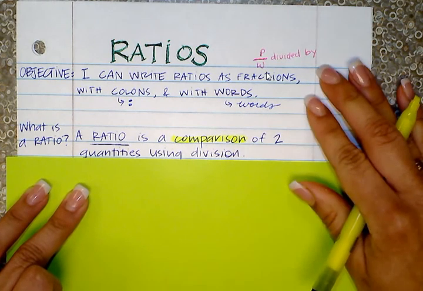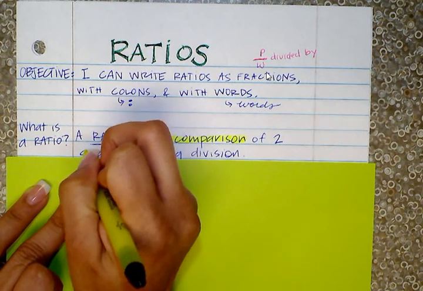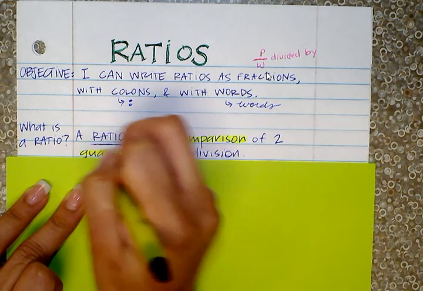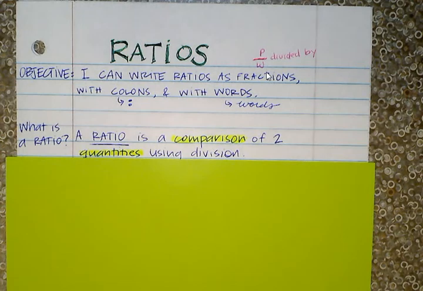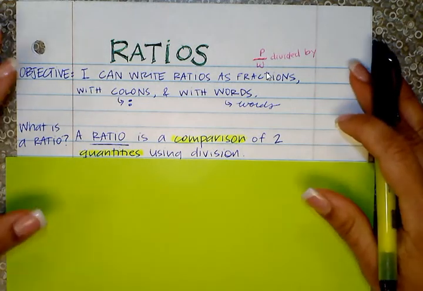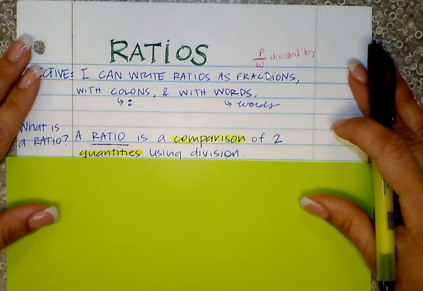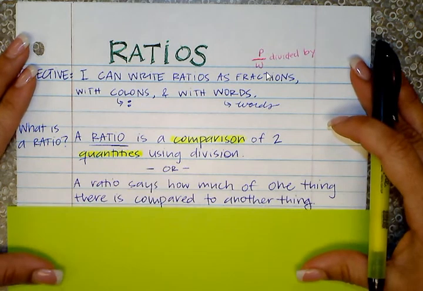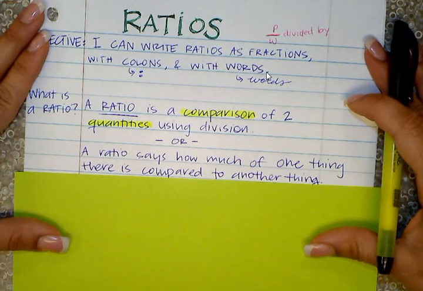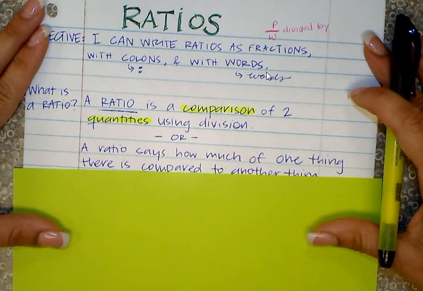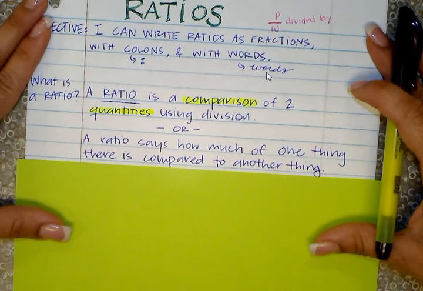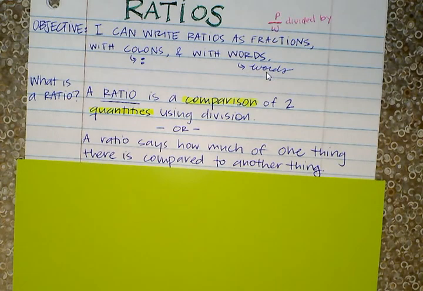Quantities are just amounts. So we're going to compare 2 things with different amounts using division. An easier way to say it is, a ratio says how much of one thing there is compared to another thing. And you're probably thinking, oh no, this sounds difficult. But it's not. Let's look at some examples. It's the best way to explain it.